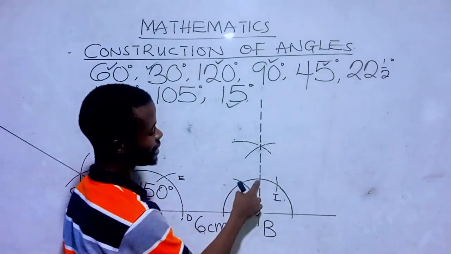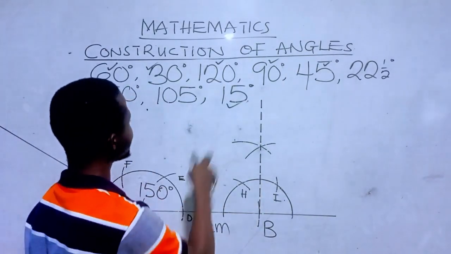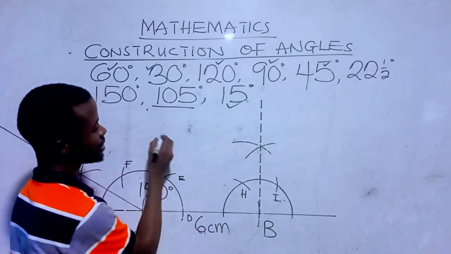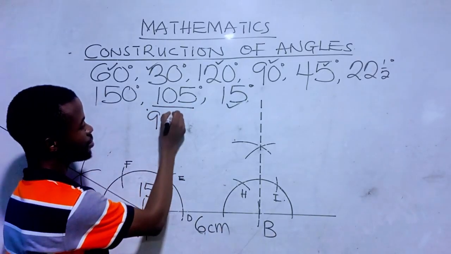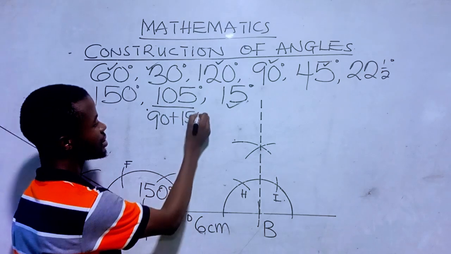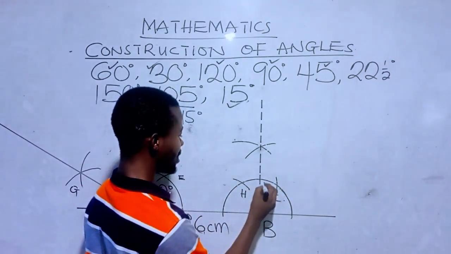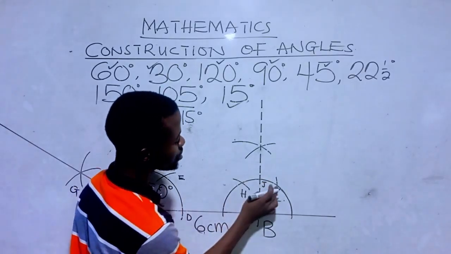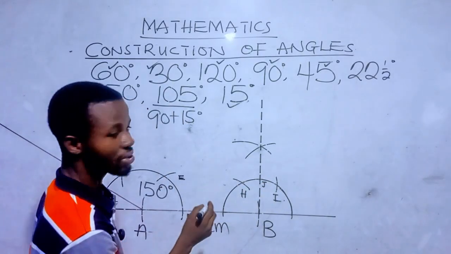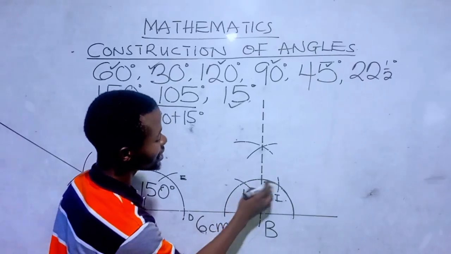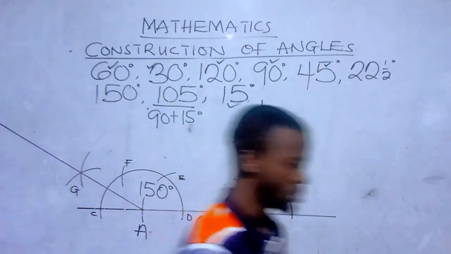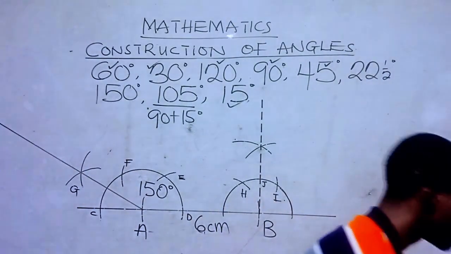Now this is 90 degrees, but to get my 105 degrees, it has to be 90 plus 15 degrees. From this line, let's say here is J. From J to I is 30 degrees. So I have to divide the angle here to get my 15 degrees.